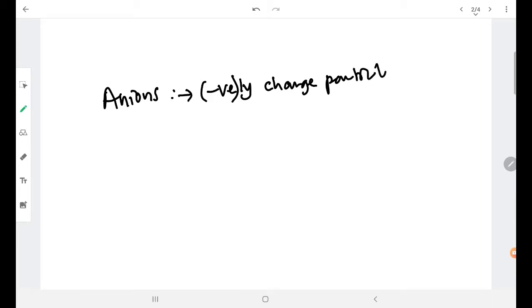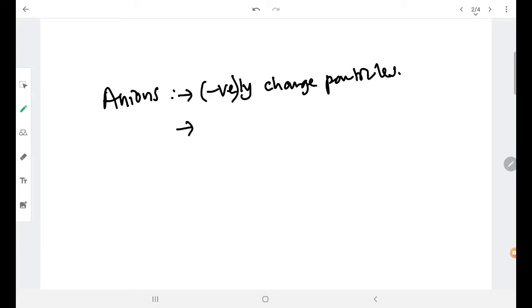Okay, how about anion? So anion is a negatively charged particle. Okay, how is anion formed?